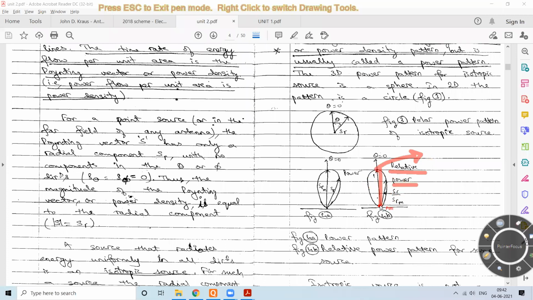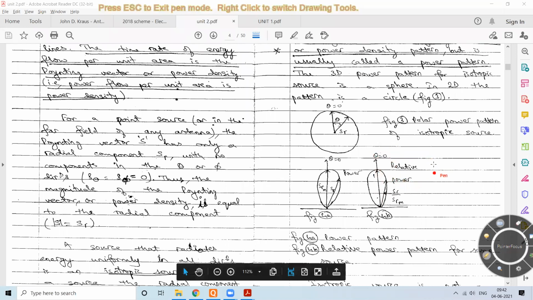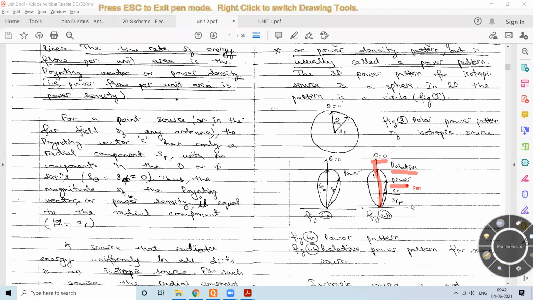This is indirectly telling that you are plotting it with respect to the theta equal to 0 direction. So if the plot of power or power density is relative to some angle, we obtain the relative power pattern.